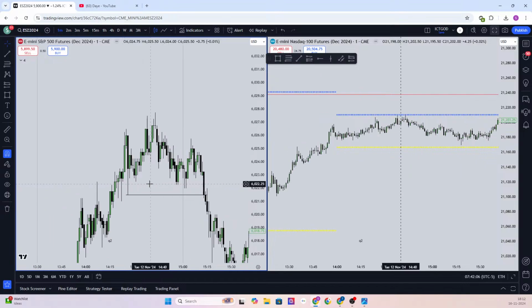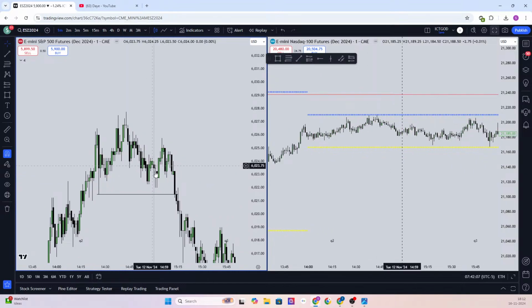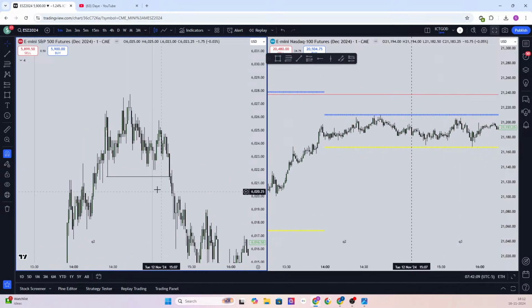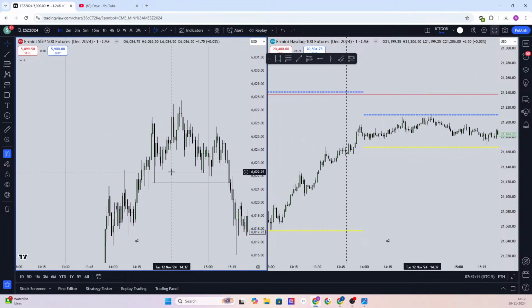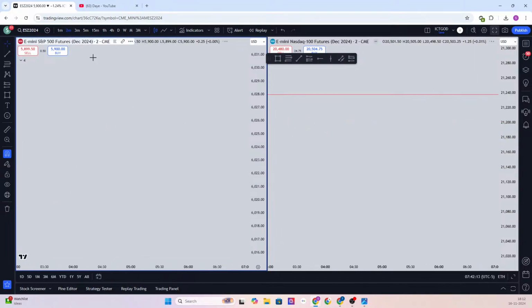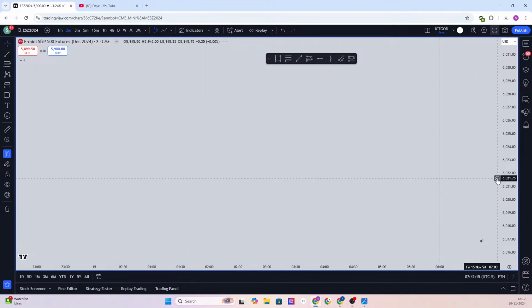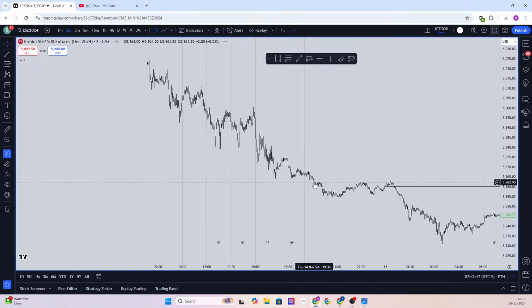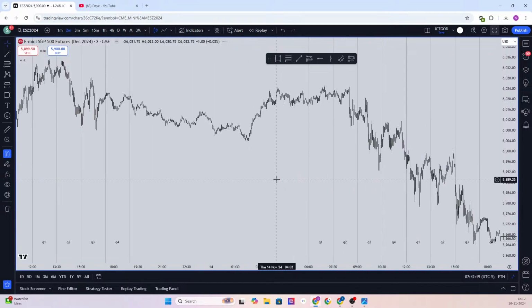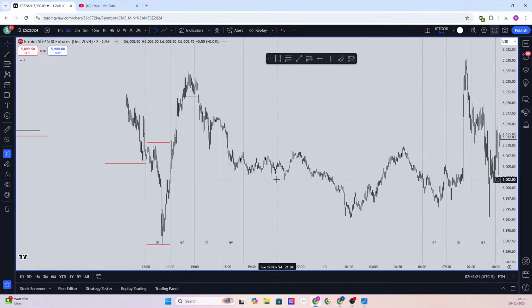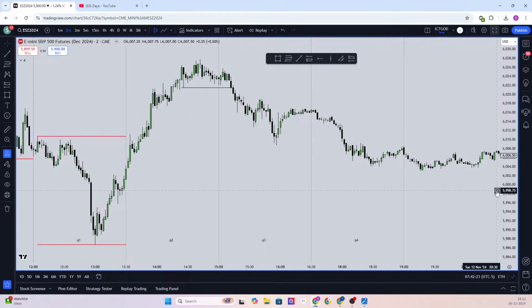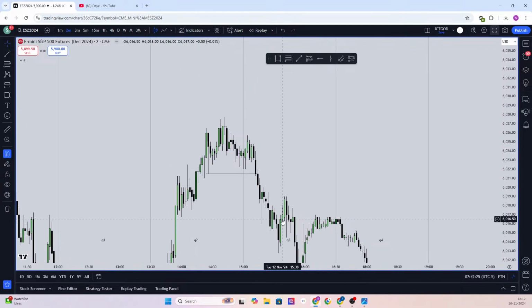So personally, I don't see any PD arrays that I can see off the chart. So definitely, I wouldn't have traded this.